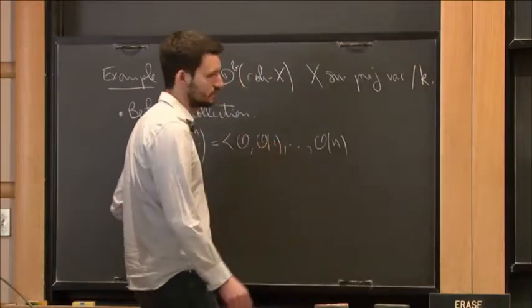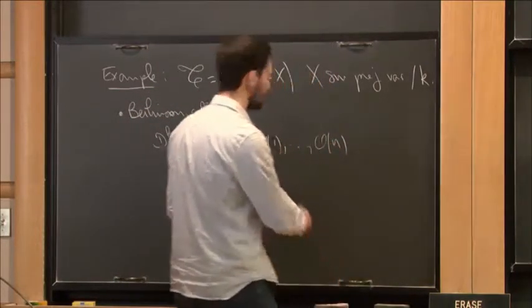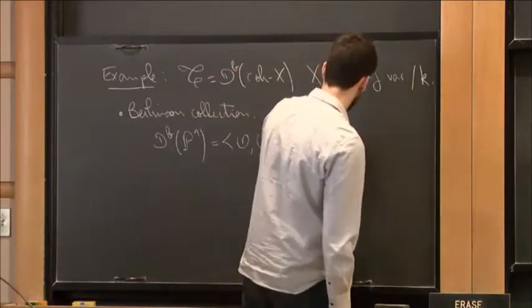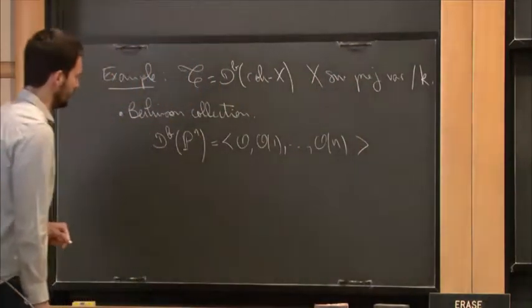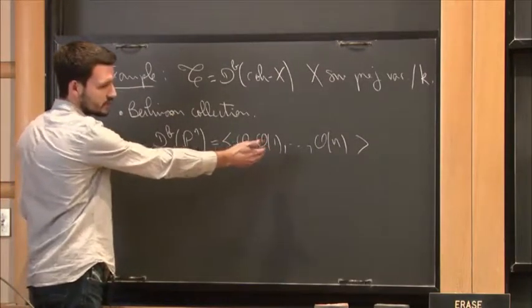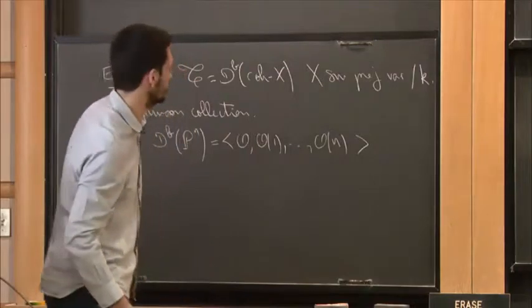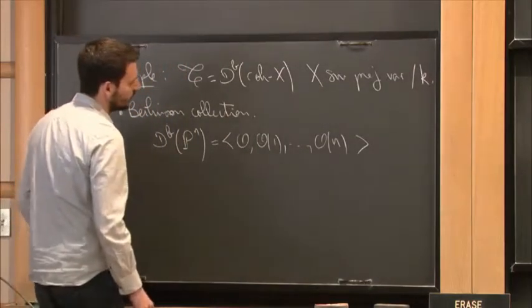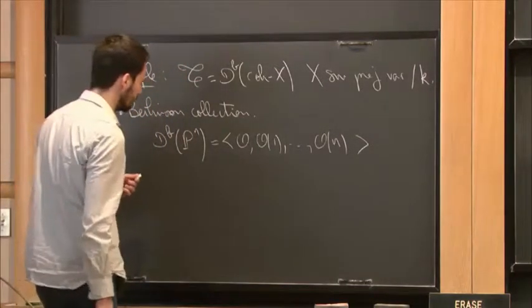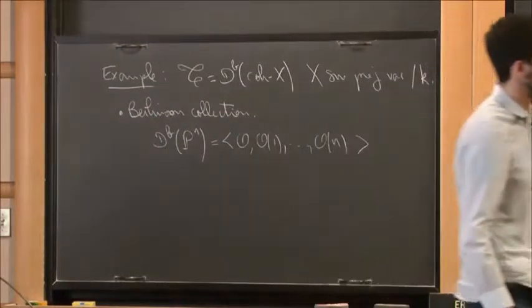So these are line bundles, but I see them as elements in the derived category by placing them in degree 0. Okay, so in this case, knowing that this decomposition is semi-orthogonal is just a matter of understanding the cohomology of line bundles on Pn.